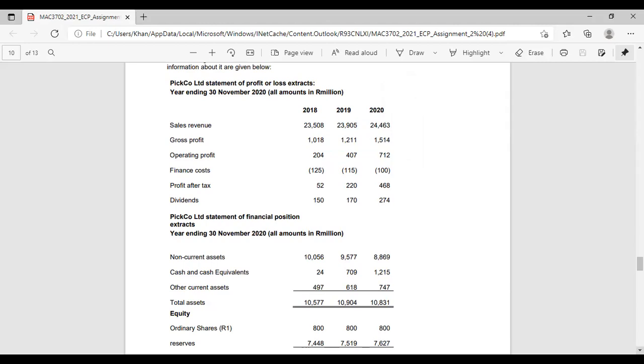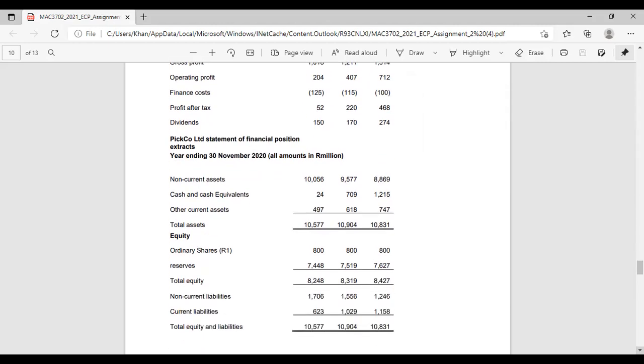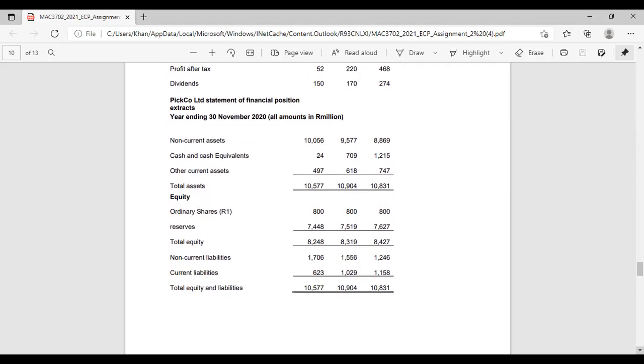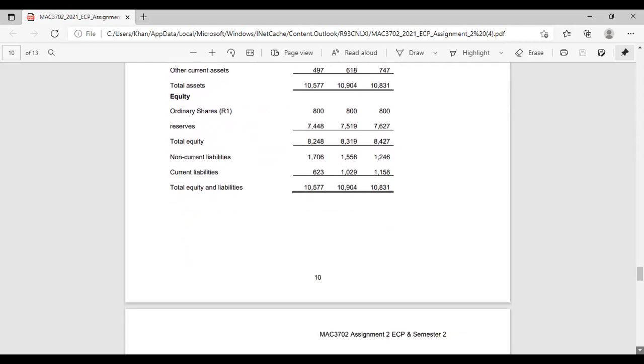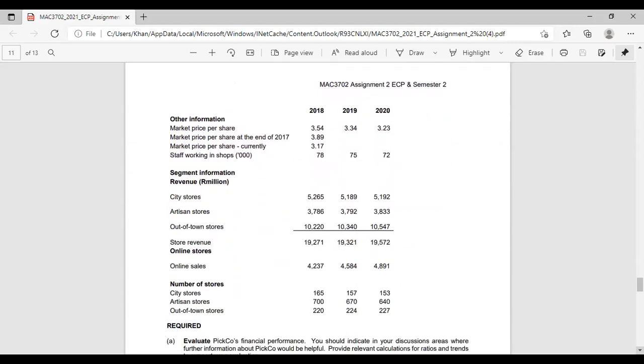Then we have the statement of financial position. We have current assets, cash and cash equivalents, and other assets. And then we have equity and liabilities. Then they have other information: market price per share at the end of 2017, then market price per share currently.